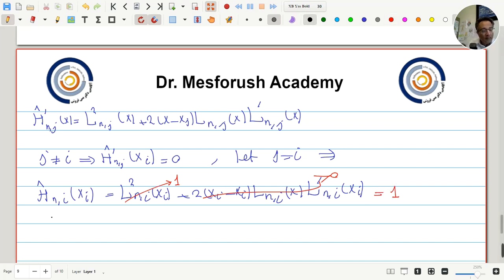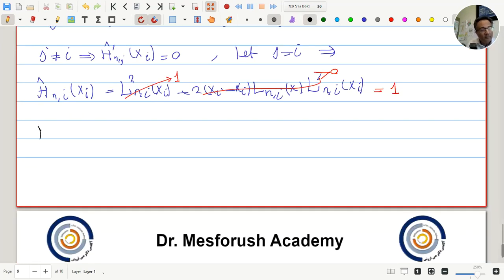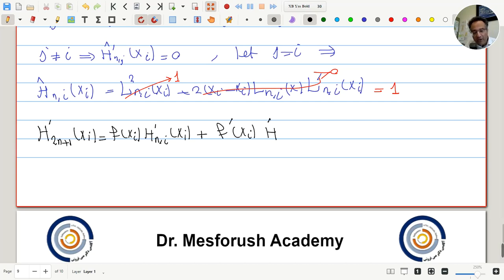Okay? So, if you write h2n plus 1 at xi is equal to f of xi h n I xi plus h prime xi, this one is h prime also, plus f prime of xi times h hat n and I at xi.